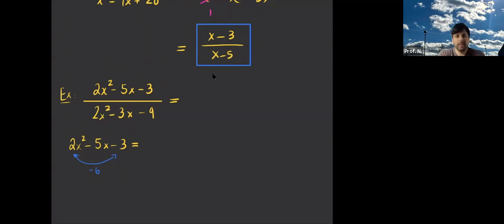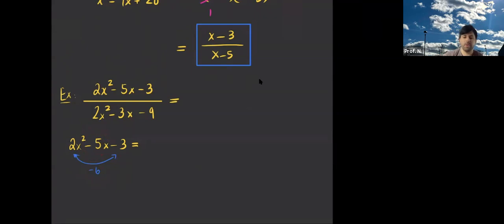Do you guys remember this? So we look for two numbers that multiply to negative 6 but when you add them, give me negative 5. And then you replace that middle term. So negative 3 and 2, remember, that multiplies to negative 6.